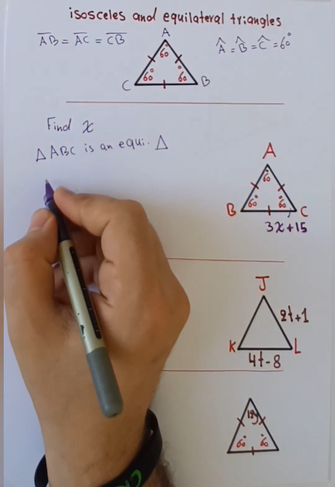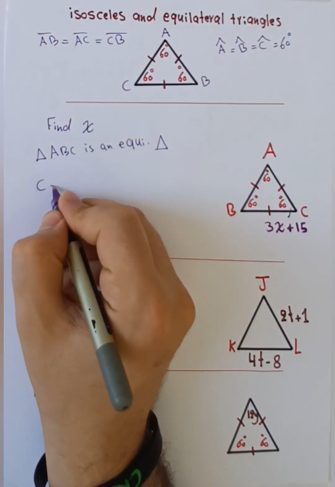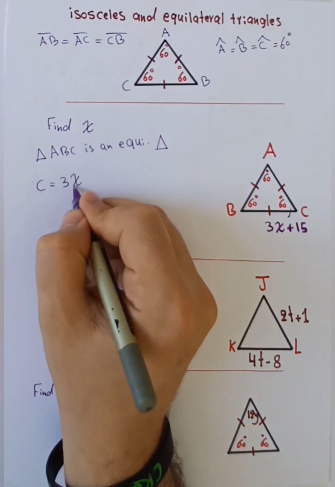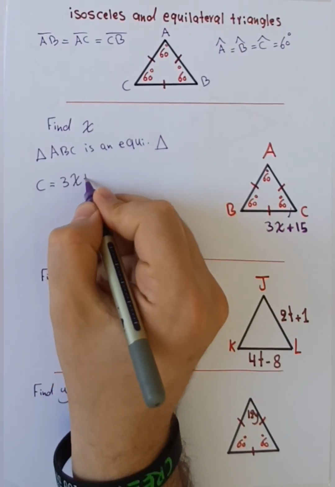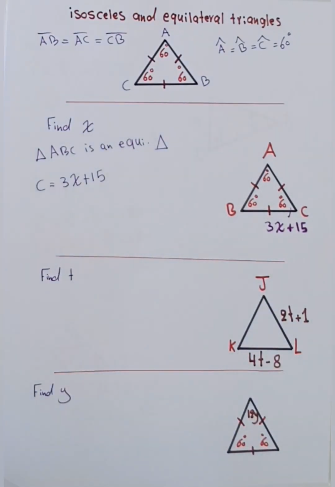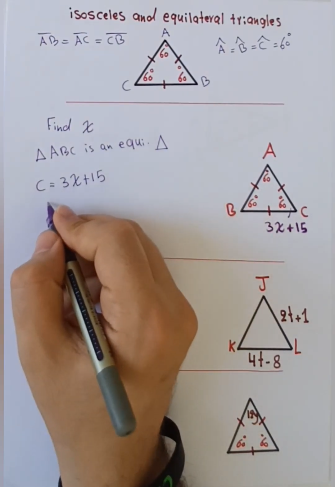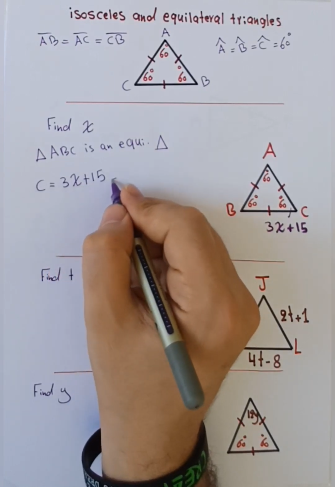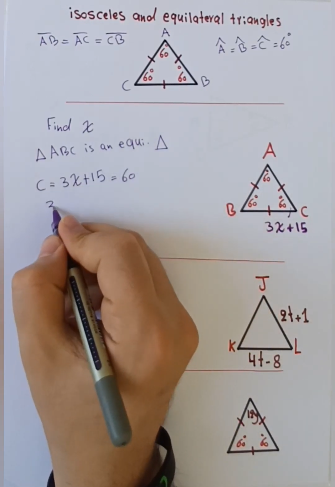So the angle C is 3x plus 15, and the measure of the angles is always equal to 60, so we can say 3x plus 15 equal to 60.